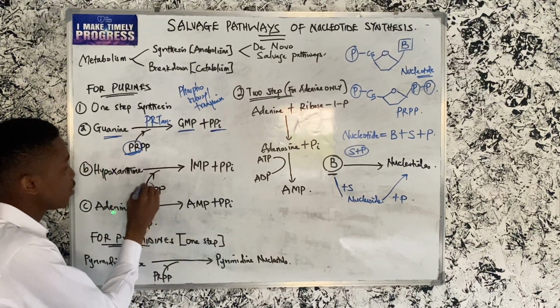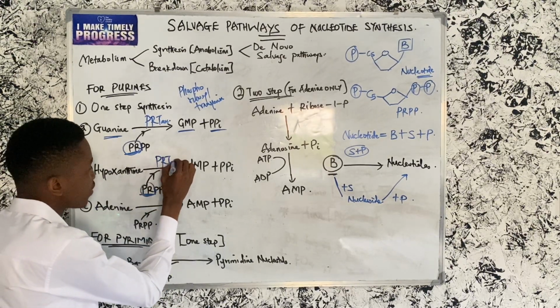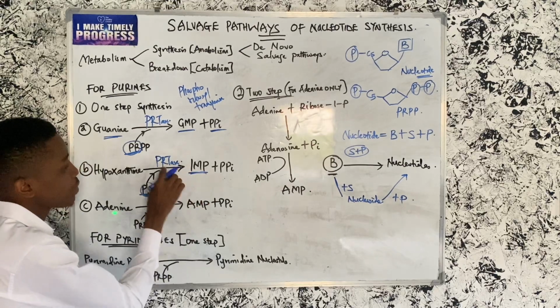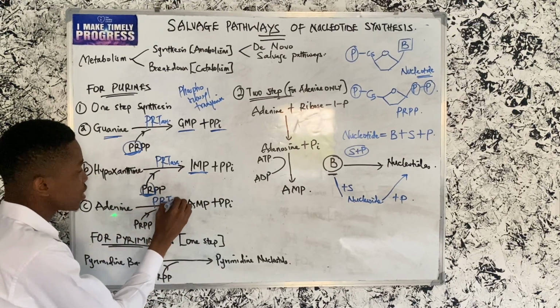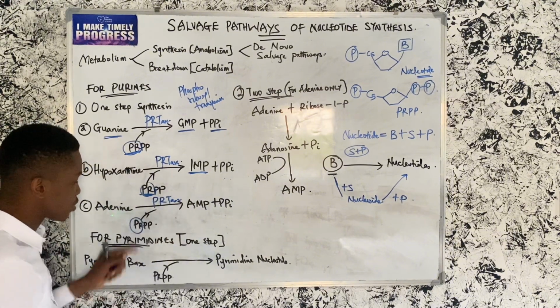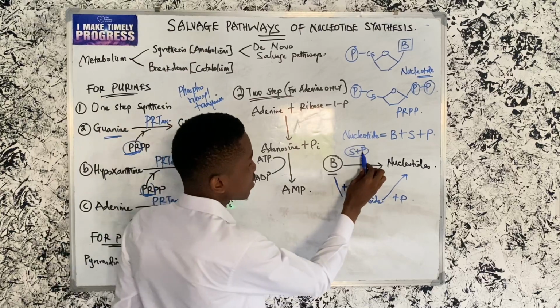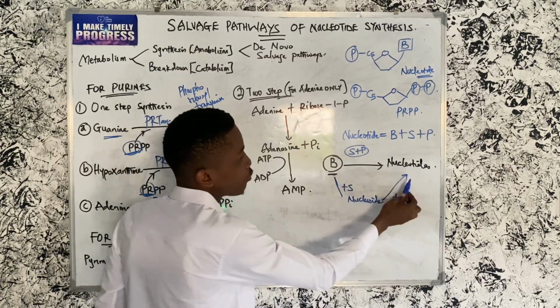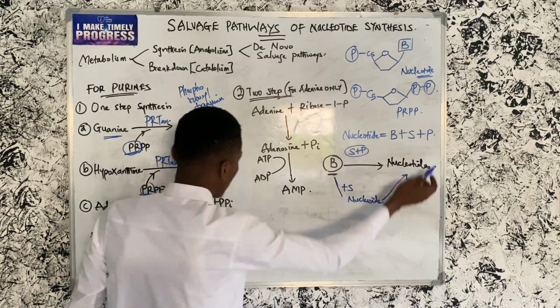I'm transferring PR to hypoxanthine to form IMP, and the enzyme is the same enzyme. Over here, same thing. You are always transferring phosphoribosyl from PRPP. So you are transferring phosphate and sugar to a base. What will you form? A nucleotide. We should have base, sugar, phosphate.